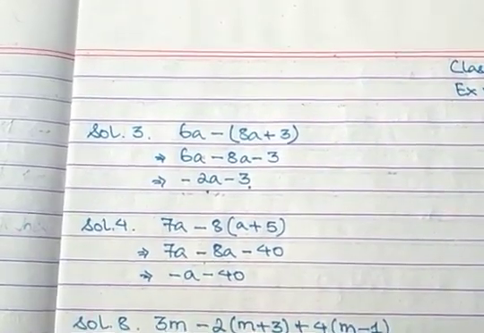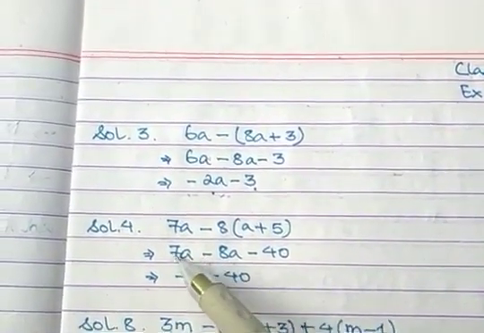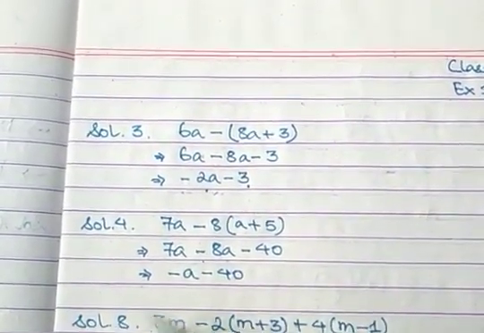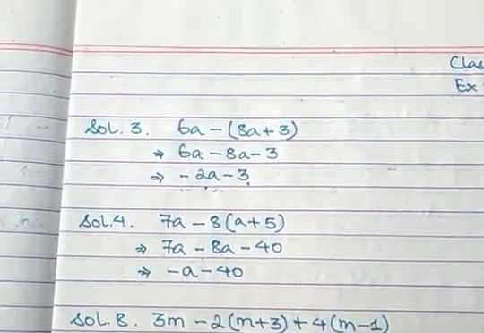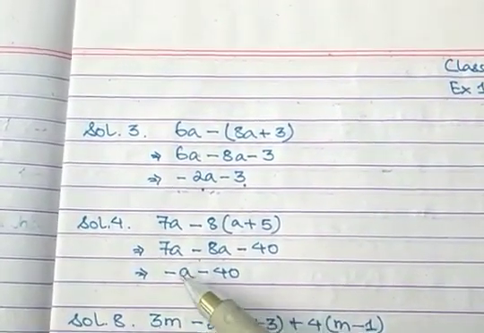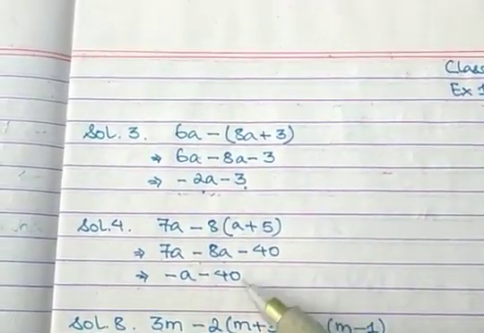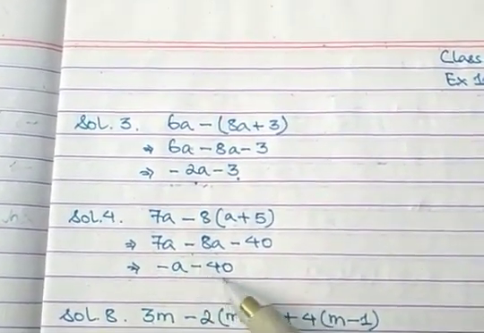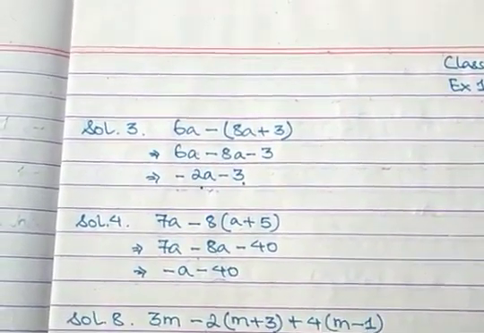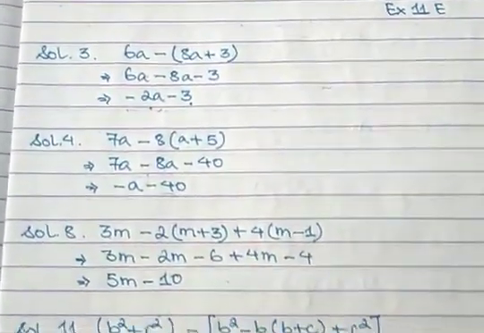Opposite signs are subtracted, the sign of the greater number follows. So 7a minus 8a will give us minus a, isn't it? Minus 1a, no need to place 1. So I have written minus a, and minus 40. Two unlike terms, we are done here. It's simple, isn't it?